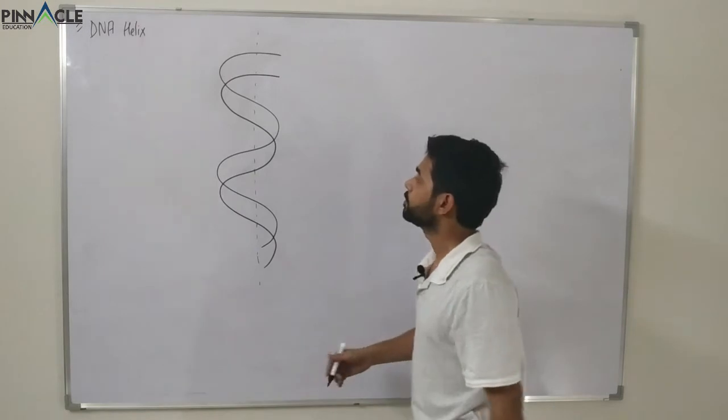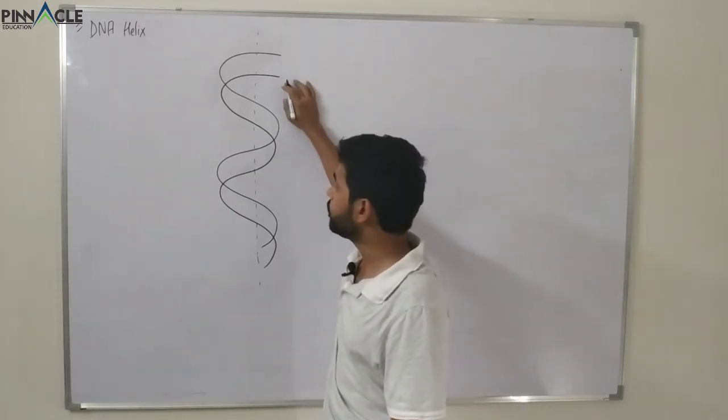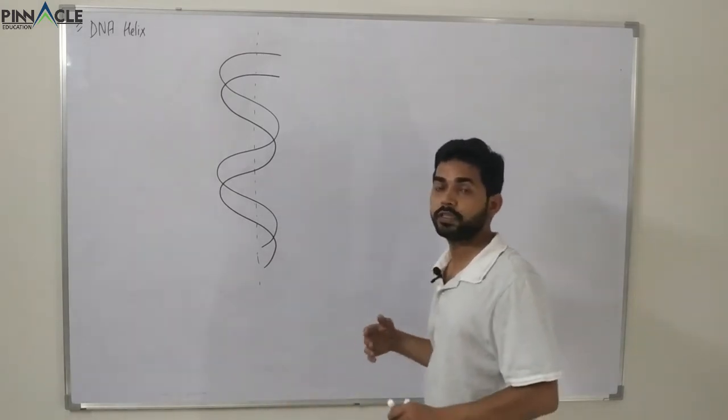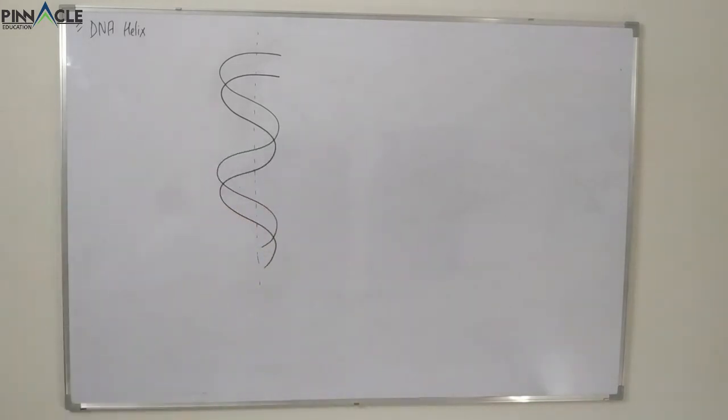This is a better one. So these are 2 strands of DNA, and these 2 will be anti-parallel. That is, these will be complementary to each other. And we'll also have to study the various properties over here.